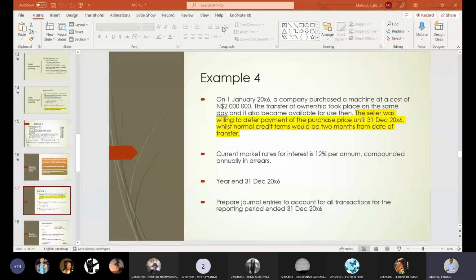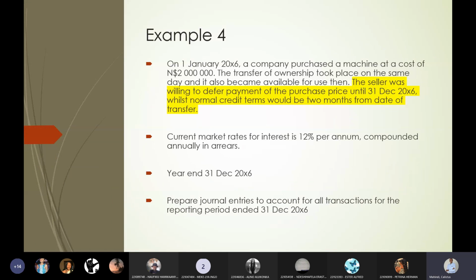What would you do? Okay, it seems that there's no idea what needs to be done. But what needs to be done here is to calculate the present value. You need to calculate the present value in order to arrive at the value of the PPE, the cost, the cash price of the PPE, and the difference is interest.